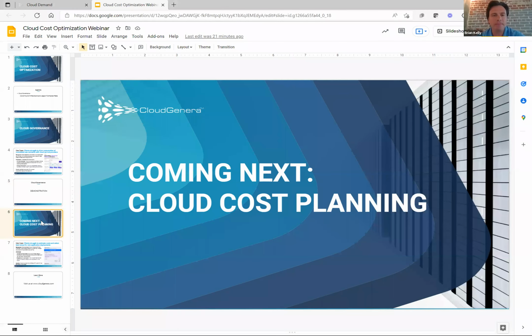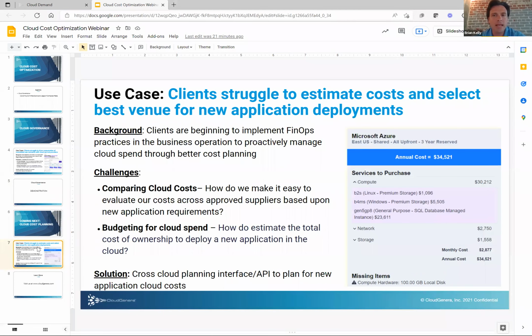Okay, well, the last thing we're going to go through before we wrap our webinar today is to talk about our next topic. In our next topic, we're going to talk about cloud cost planning and ways that you can be proactive in estimating costs and selecting the best venue for new application deployments. It's a very synergistic topic to our topic today around cloud governance.